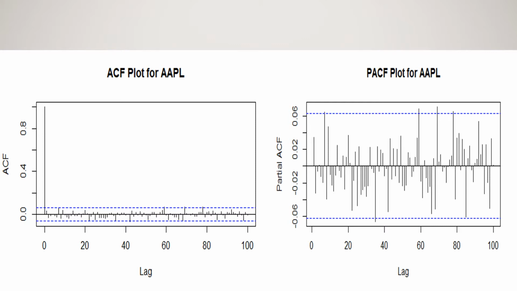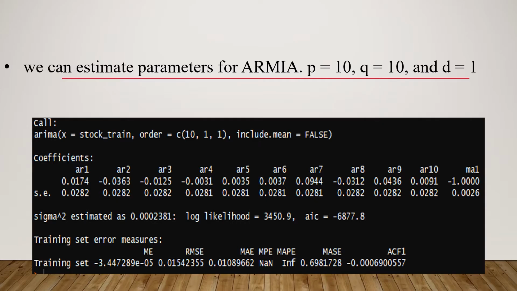Hence we can say that the parameter P is equal to 10 and Q is equal to 1. And since we have differenced the series once, we take D is equal to 1. Using these parameters, we performed modeling in ARIMA.